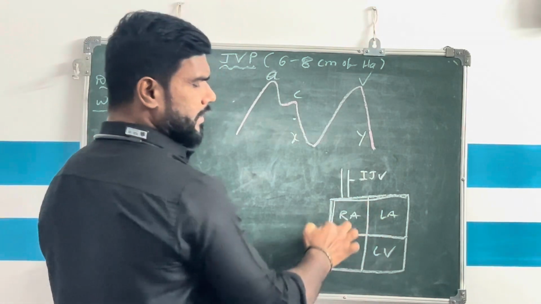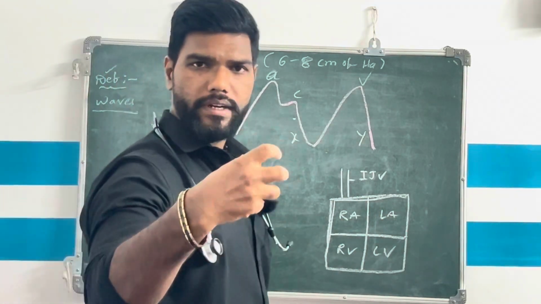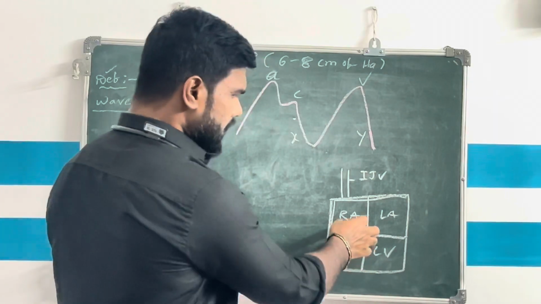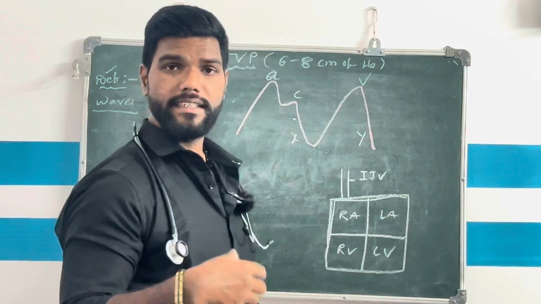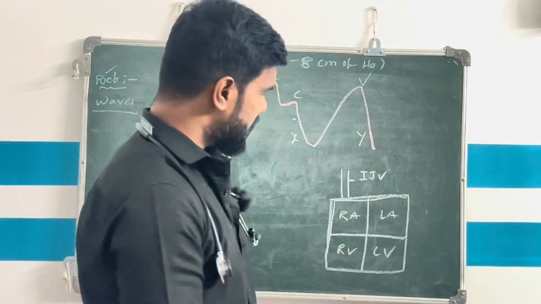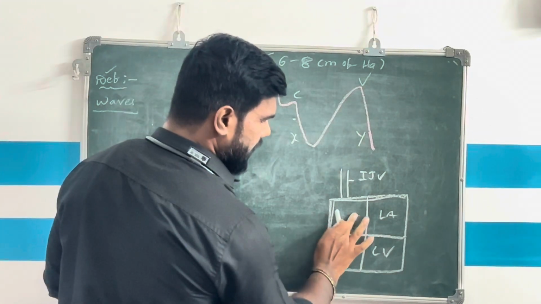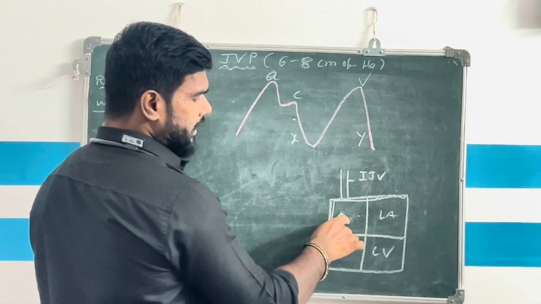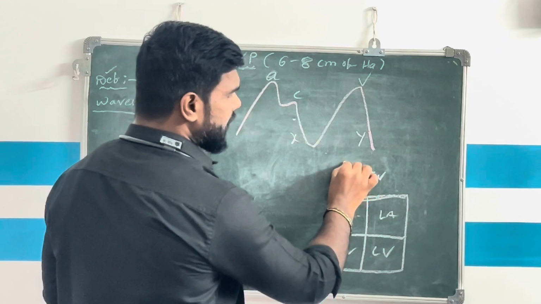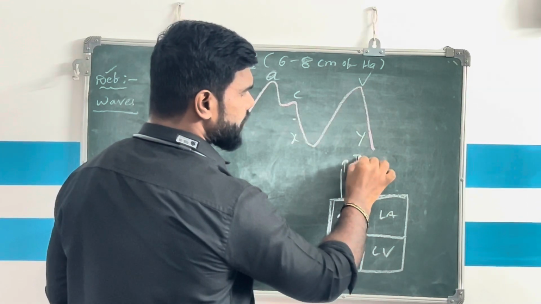During the right atrial systole, meaning contraction, the pressure in the right atria is increased, right? When the pressure in the right atria is increased, it indicates an increase in the jugular venous pressure.